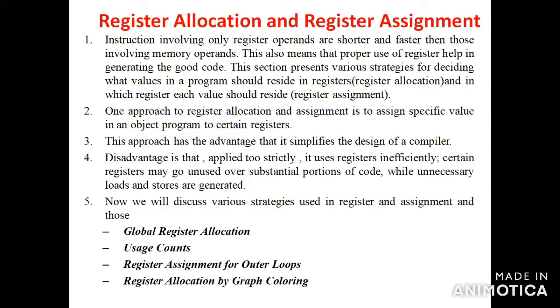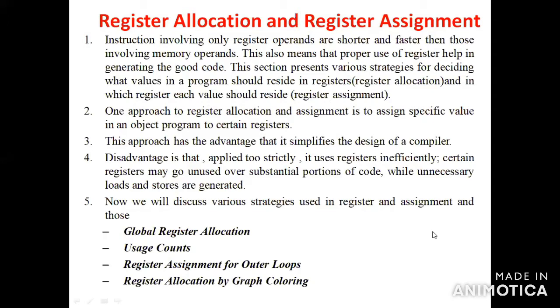So when you are allocating and assigning the registers, the instruction involves only register operands, registers only, or registers and memory, R and M. For example, C equals A plus B, meaning you have to move to the register and add the registers and operand. Okay, so the first point is that instructions involving only register operands are shorter and faster.